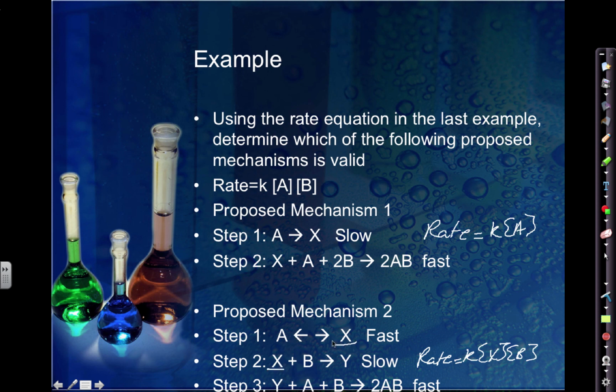I make X in one step and then use it in the next. And since X is only dependent on A, I can substitute. So it would be the second mechanism. And the reason I'm taking X out is because it's an intermediate, which are hard to measure. And since X is only dependent on A, I can just simply substitute it.